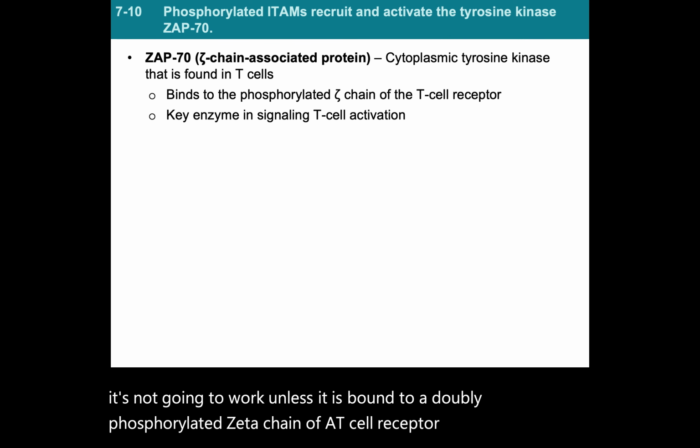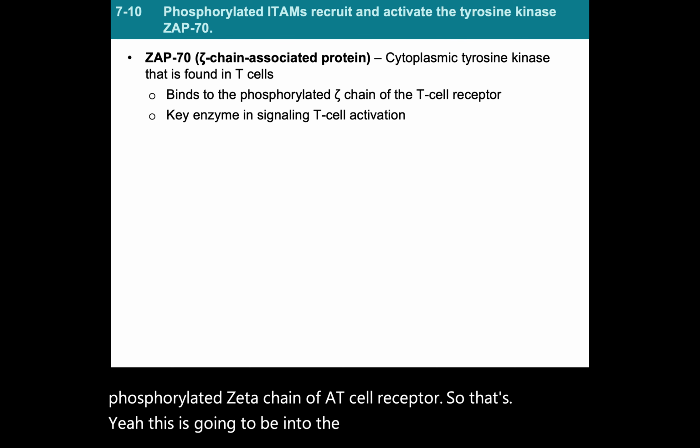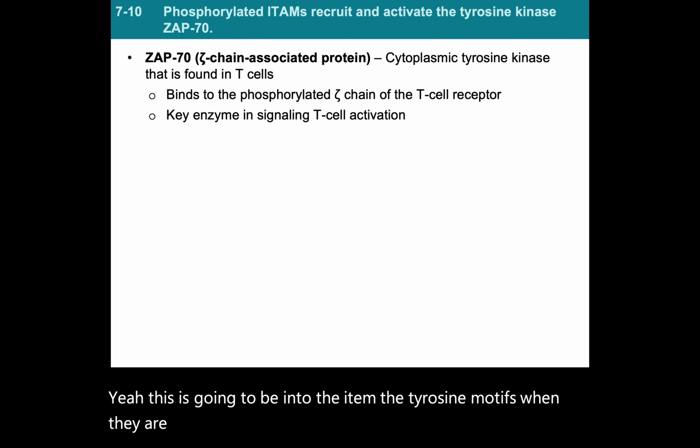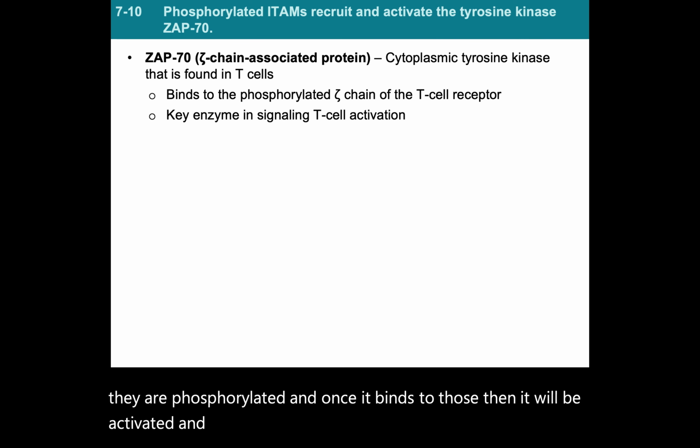So this is going to bind to the ITAM, the tyrosine motifs, when they are phosphorylated. And once it binds to those, then it will be activated and it will start to put phosphates onto other things. And so this is going to be the next step.